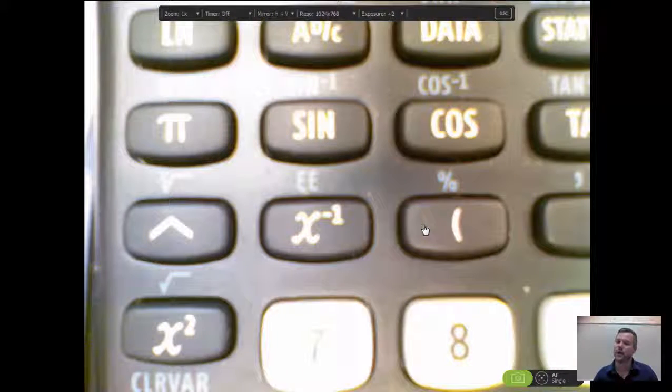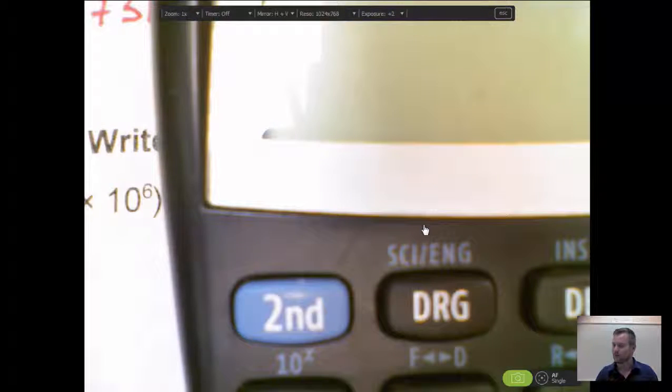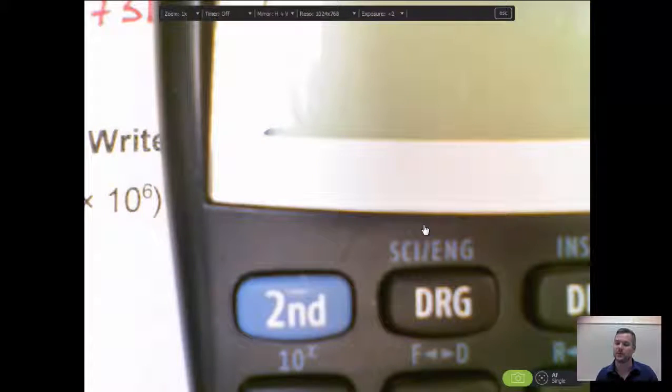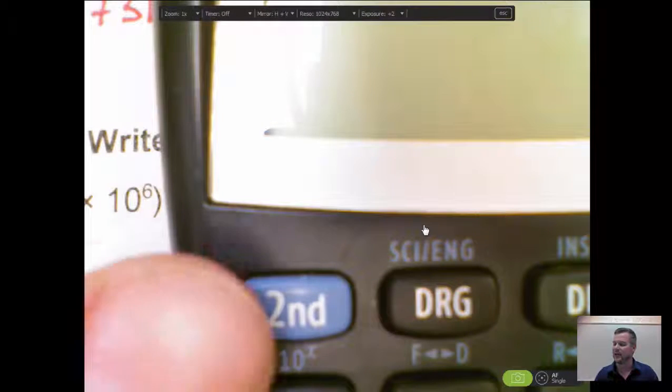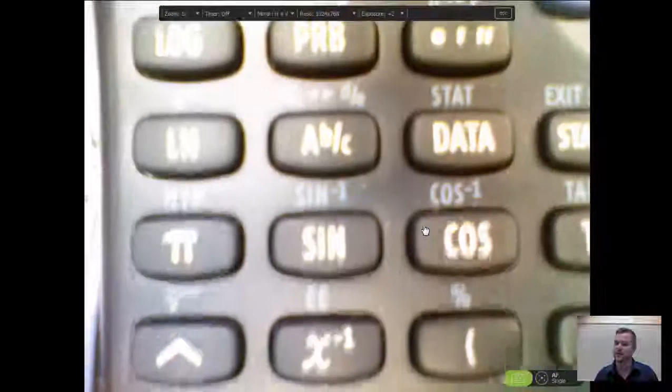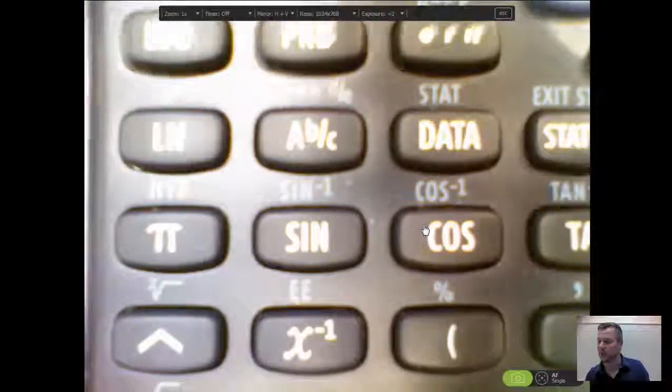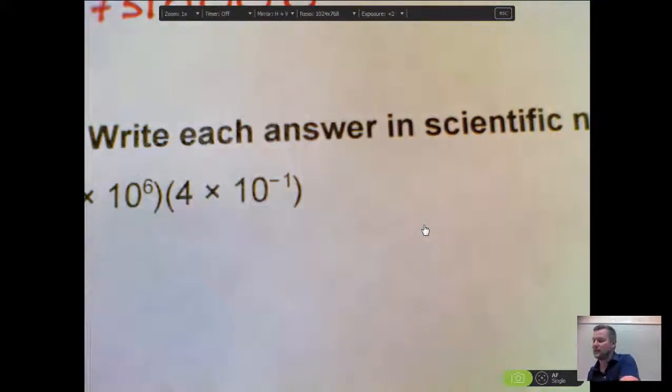So in order to turn on the blue letters, the EE, I need to hit the second key, which also happens to be blue. So I have to hit the second key, then the x to the minus 1 key to turn on scientific notation.